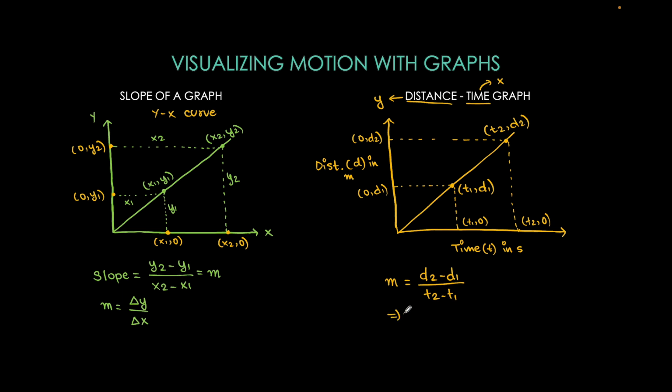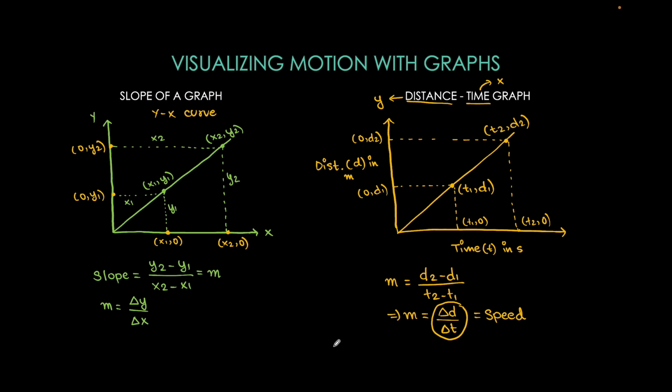Now we can write this slope as m is equal to change in d divided by change in time, right? And I think you have seen this expression somewhere else. Yes, you are right. This is the expression for speed, right? Because speed was what? The rate of change of distance.